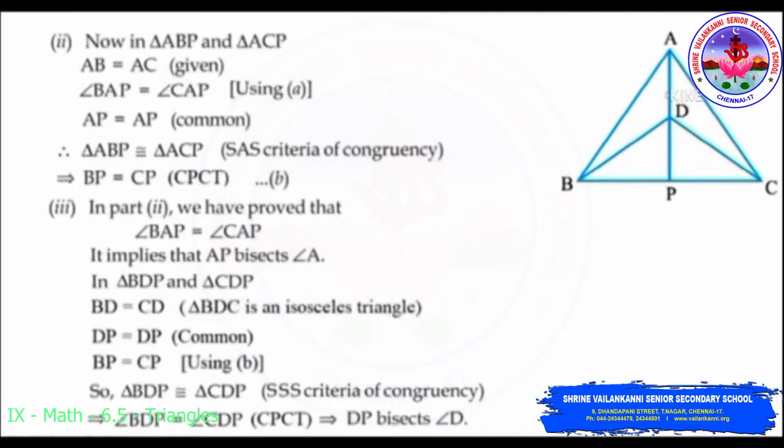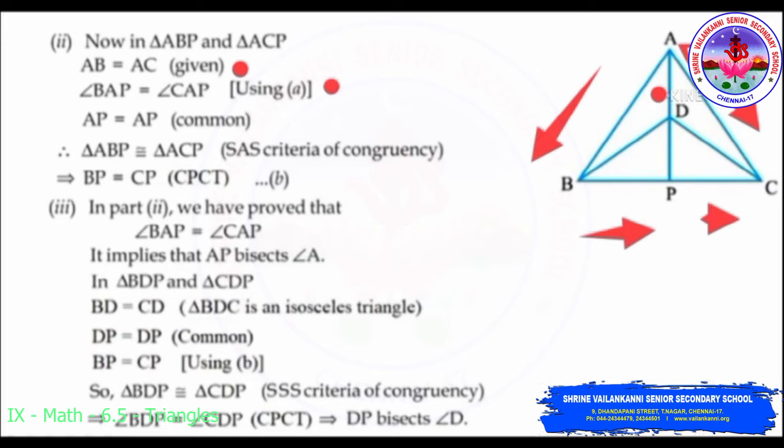Coming to the second subdivision, we want to prove triangle ABP is congruent to triangle ACP. So in these two triangles, we find that AB is equal to AC because it is an isosceles triangle. And the second one, we know that by the previous case, angle BAD is equal to angle CAD. We are going to connect this BAD with BAP since D lies on the line AP.